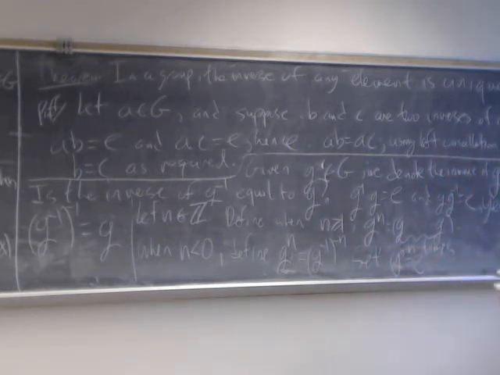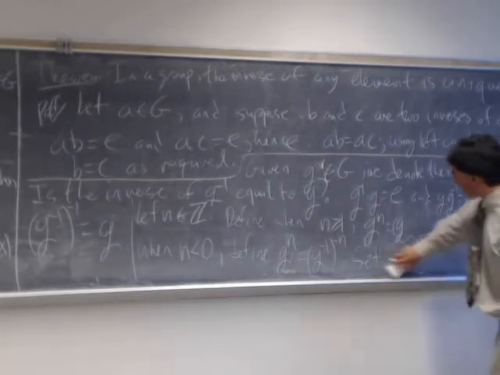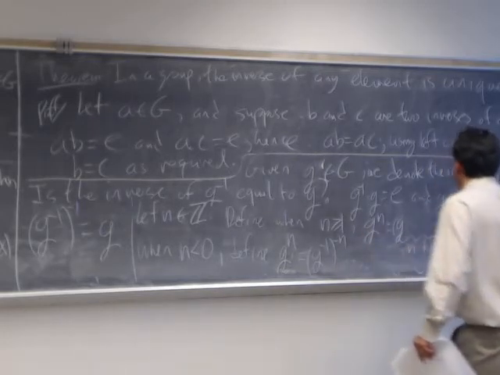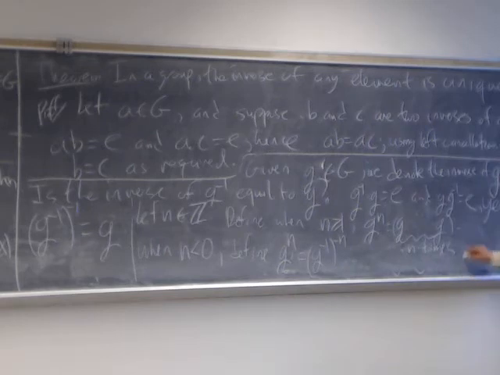And the same way x to the 0 is often defined to be 1, for x not equal to 0, we would define g to the 0 as the identity. So we set g to the 0 equals e.